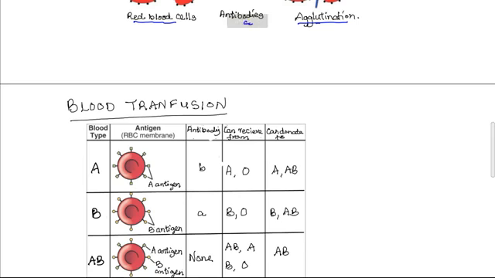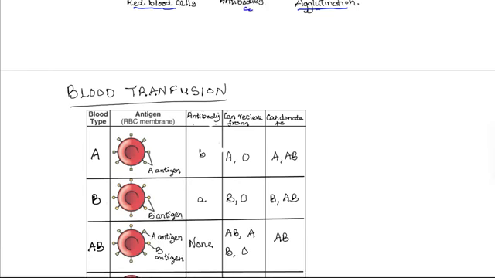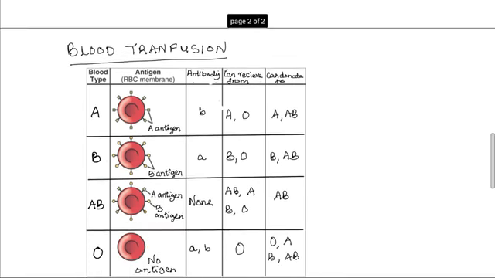Now, blood transfusion refers to the transfer of blood from a donor into the circulatory system of a recipient. A recipient will receive blood from a donor if the recipient cannot produce antibodies corresponding to the donor's antigens.